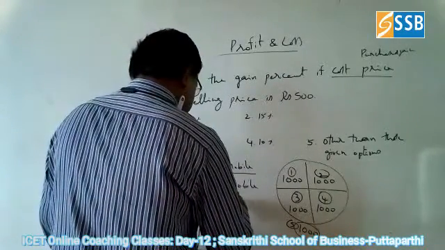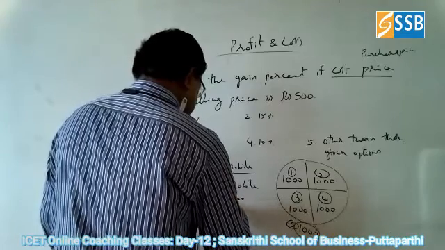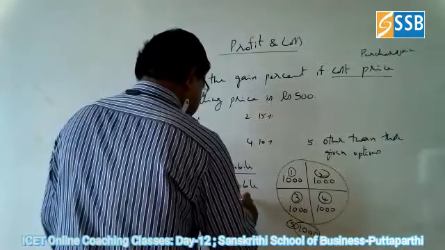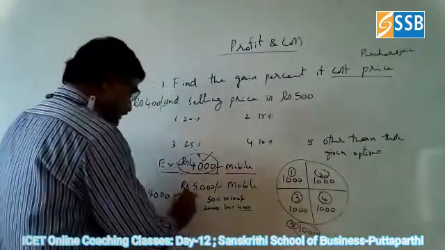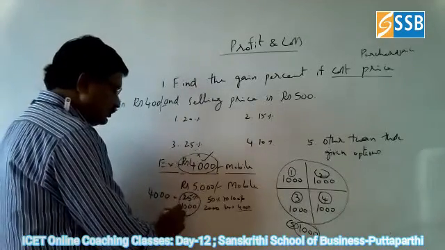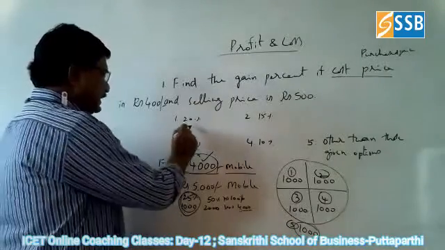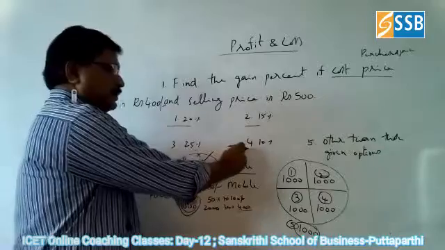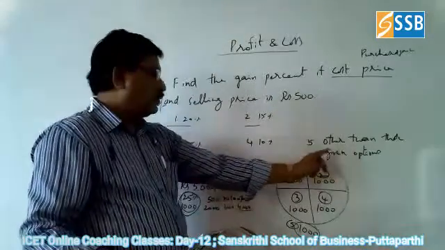Okay, and 75% is 3,000, and 100% is 4,000. So in this, he sold for 1,000 rupees extra. If he sold for 1,000 rupees extra, that means 25%. So our answer is number 1, or number 2, or number 3, or number 4, or other than those given options. What is our option?